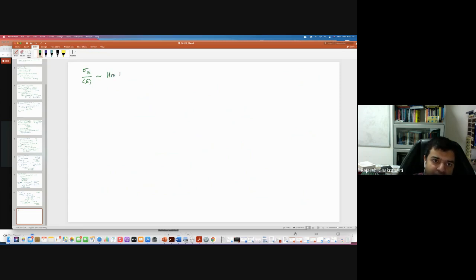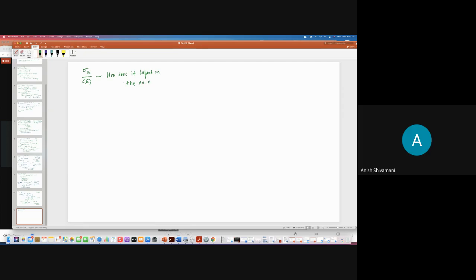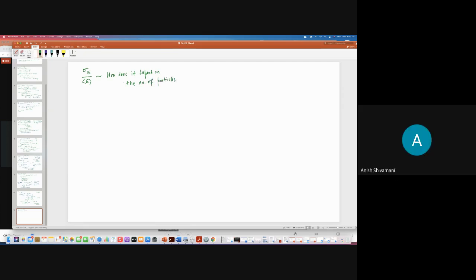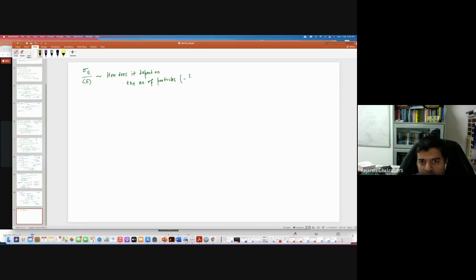How does it depend on n? N to the power minus half. Yes, back of the envelope calculation. And you will see it is 1 over root n.